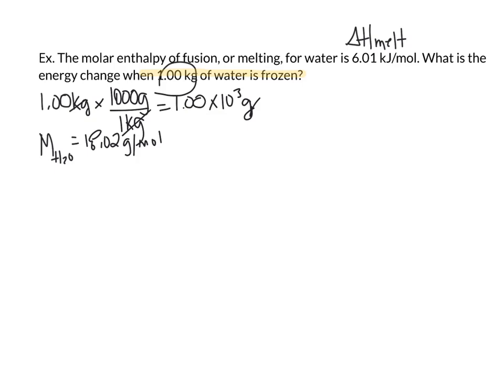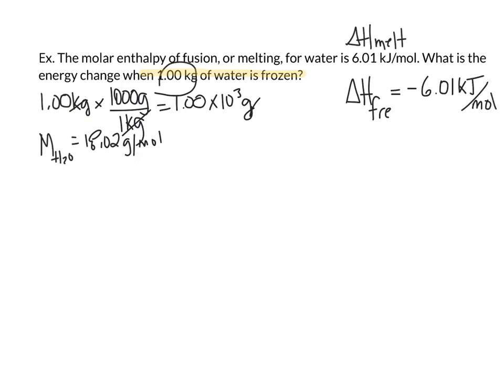Freezing is the opposite of melting, so you have to change your molar enthalpy to the molar enthalpy of freezing. The quantity is the same, but because it's the opposite process, it's the opposite sign.